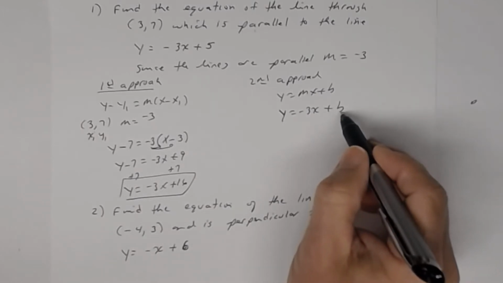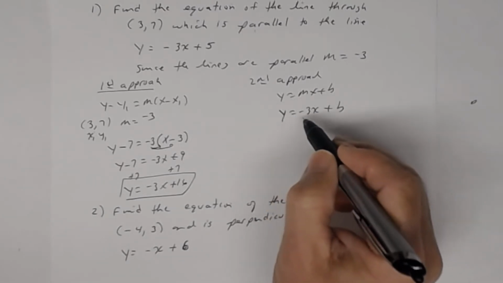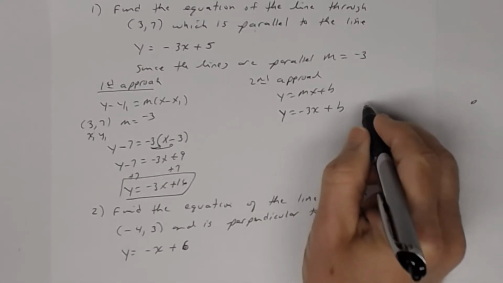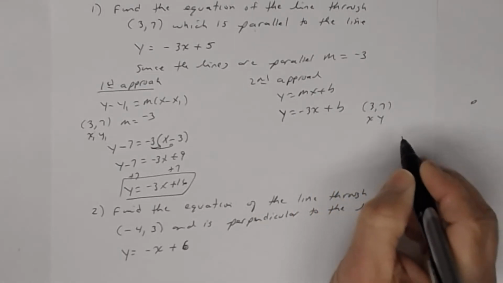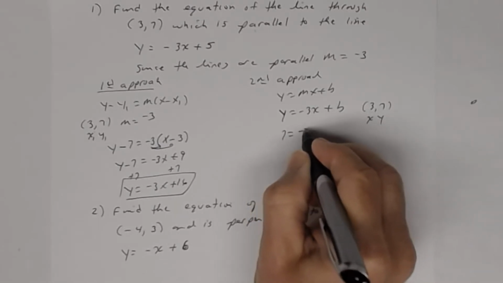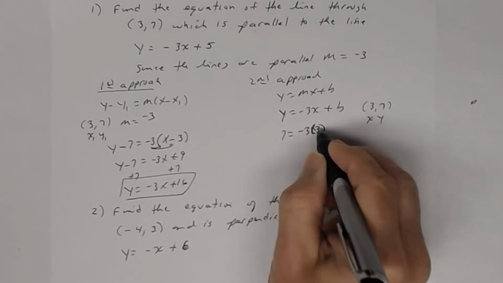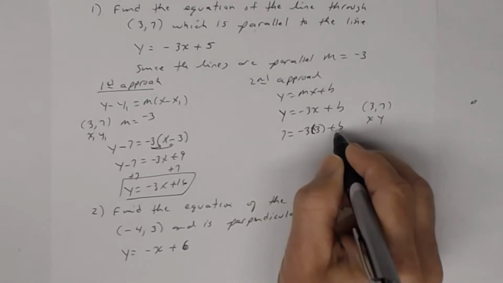To find that y-intercept, you have to substitute a number in for x and y. And that number you substitute will come from this point. So the point here is (3, 7). So this would be your x, this would be your y. And so then we get 7 equals -3 times 3, x is 3, y is 7, plus b. So now we can solve for b.